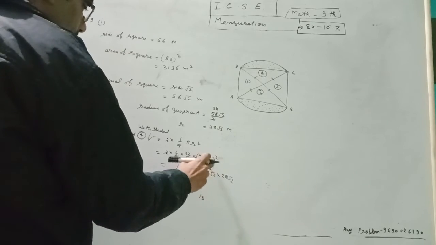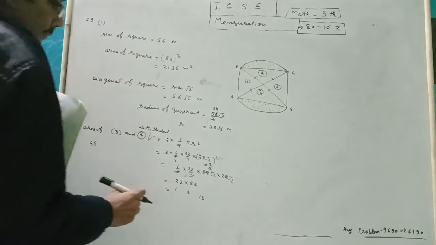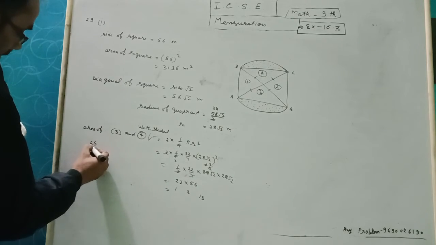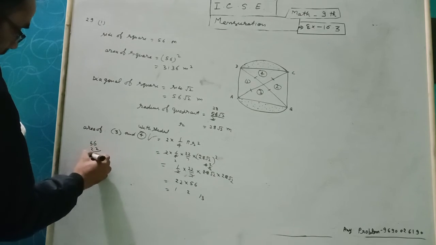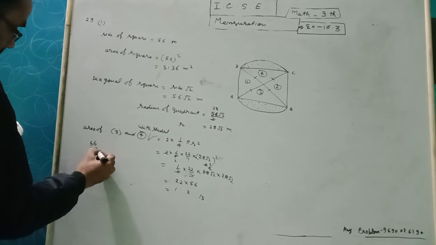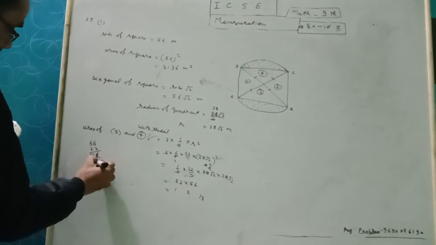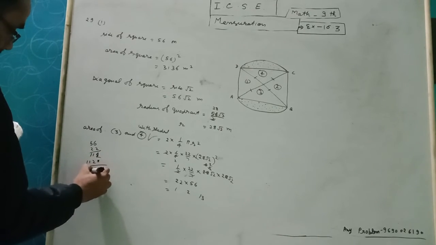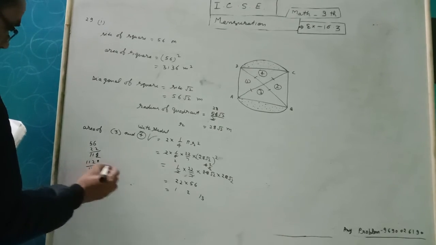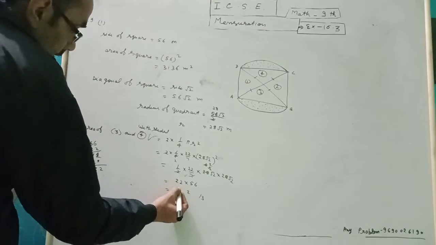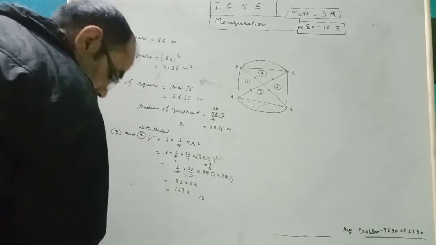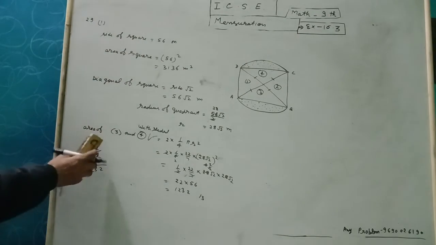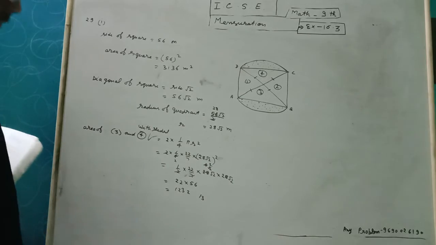Then 28 twos are 56, 56 multiplied by 22 is 1232. 1232 is the area of 3 and 4.